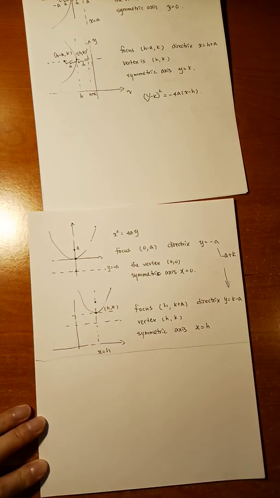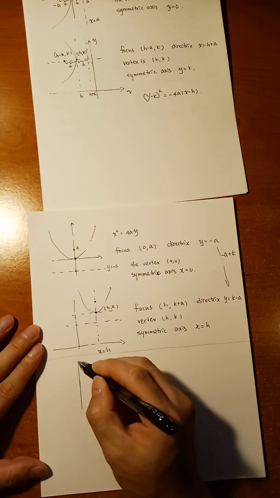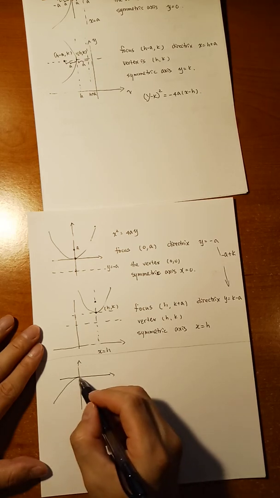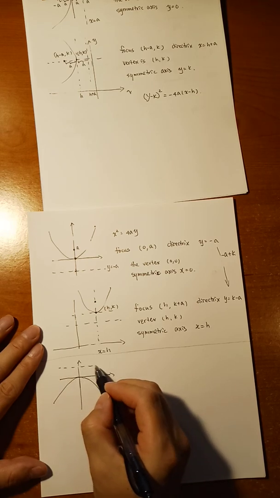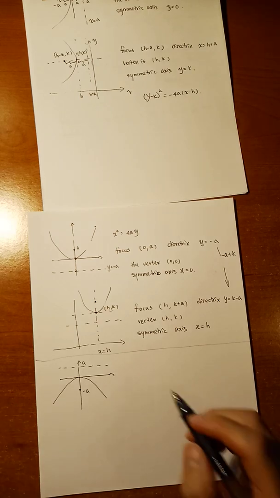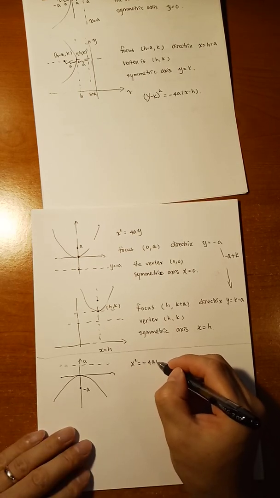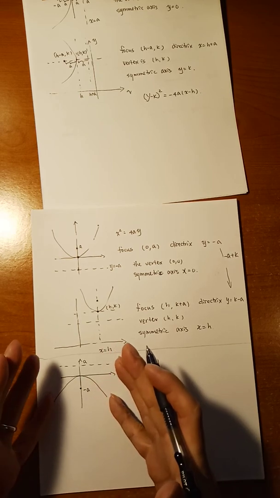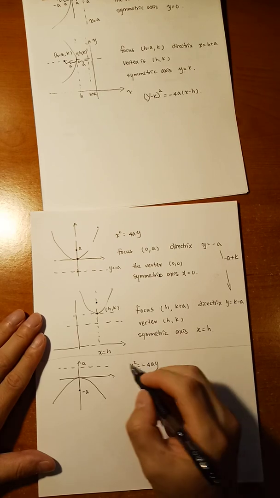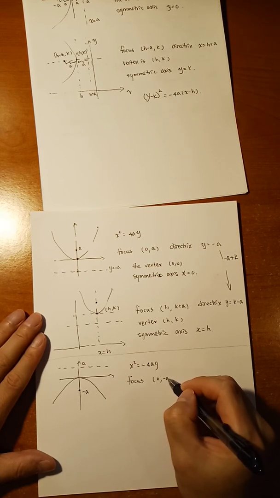The final case looks like this. You have a parabola open down. This is negative a, this is positive a. So it's x squared is equal to negative 4ay. It opens towards the negative y-axis, so it's negative y. Focus is (0, negative a).